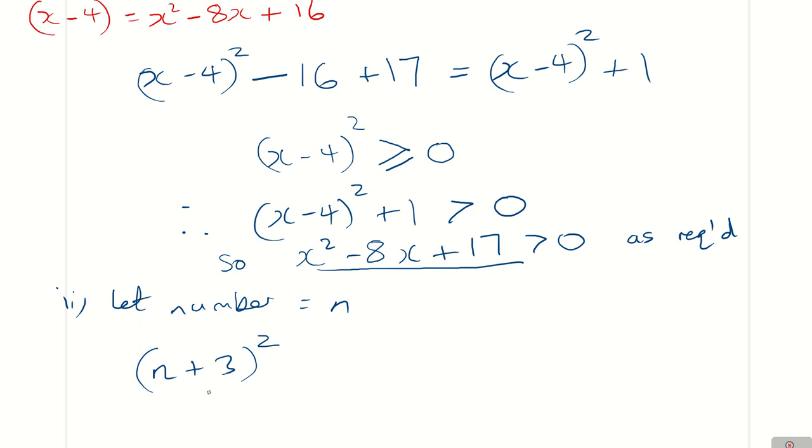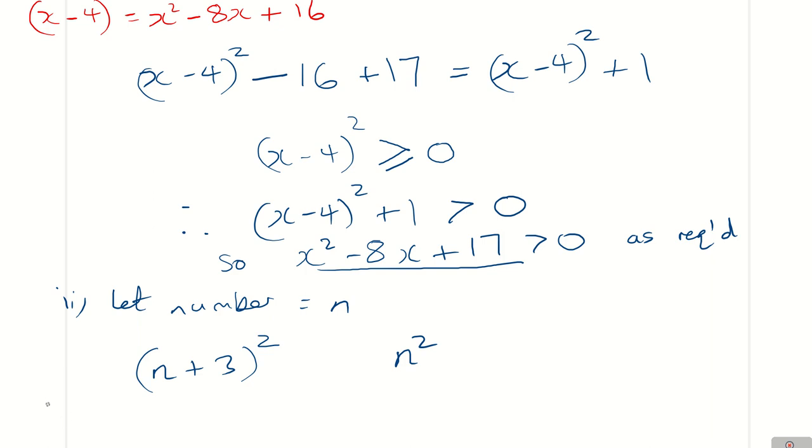And it's telling us that the result is greater than the square of the original number, which is n squared. So what we've got to do is think about whether we can say that it's always true that n plus 3 all squared is bigger than n squared. Well, all we have to do is just try it out with different numbers.